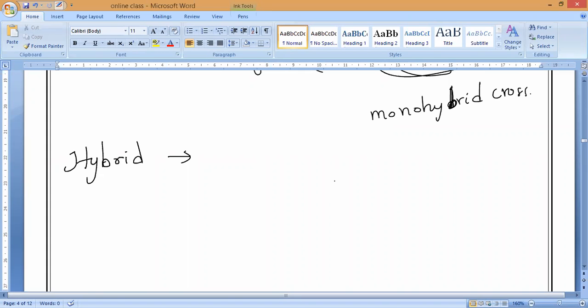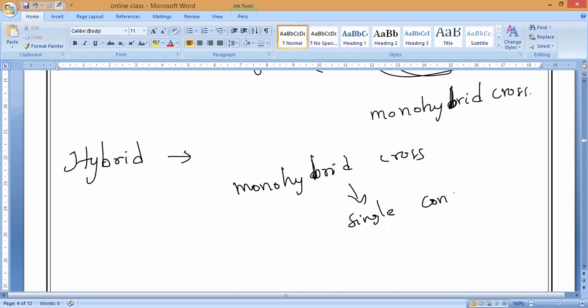So in a monohybrid cross, how many contrasting characteristics will we study, guys? Only a single contrasting characteristic.